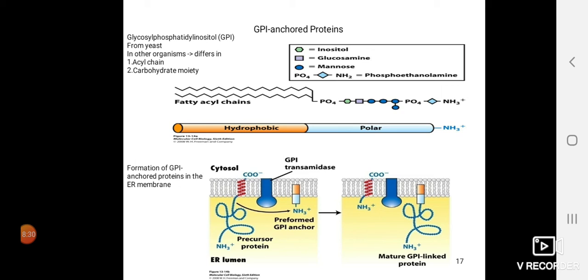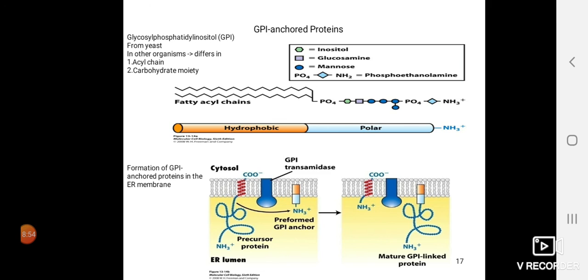It is a normal insertional process that synthesizes this polypeptide chain. But once the insertional process is completed, later the GPI transamidase enzyme plays an important role here.